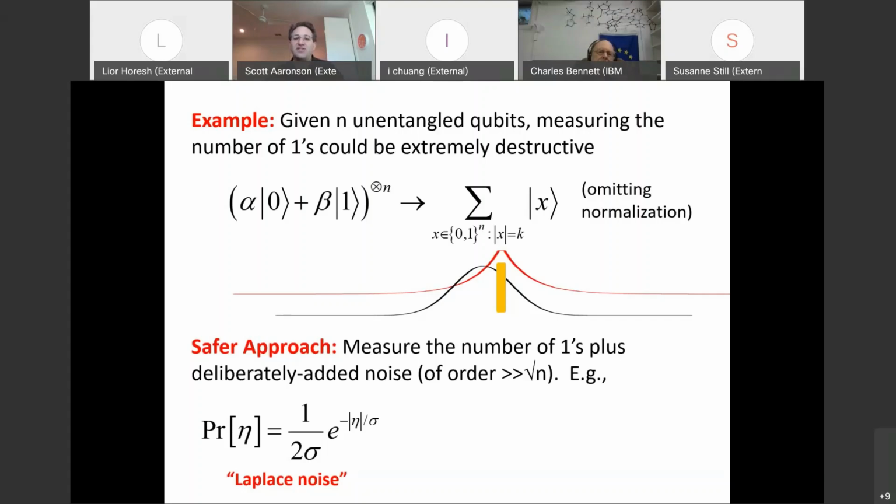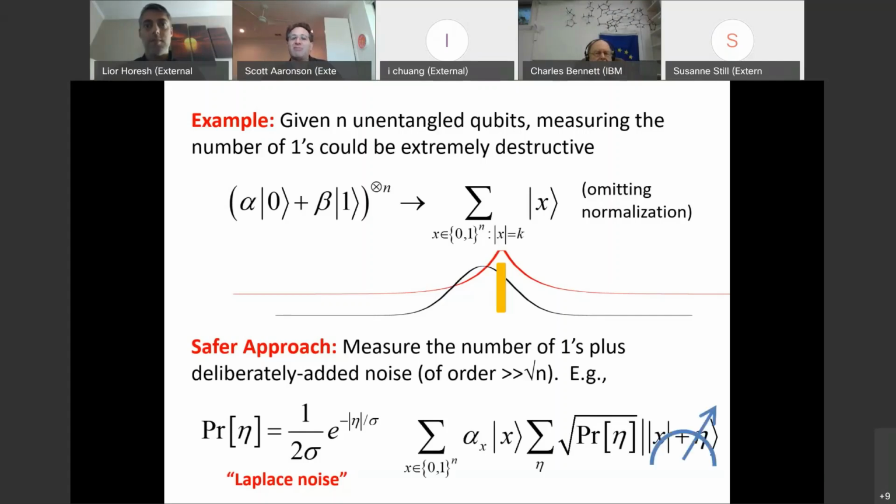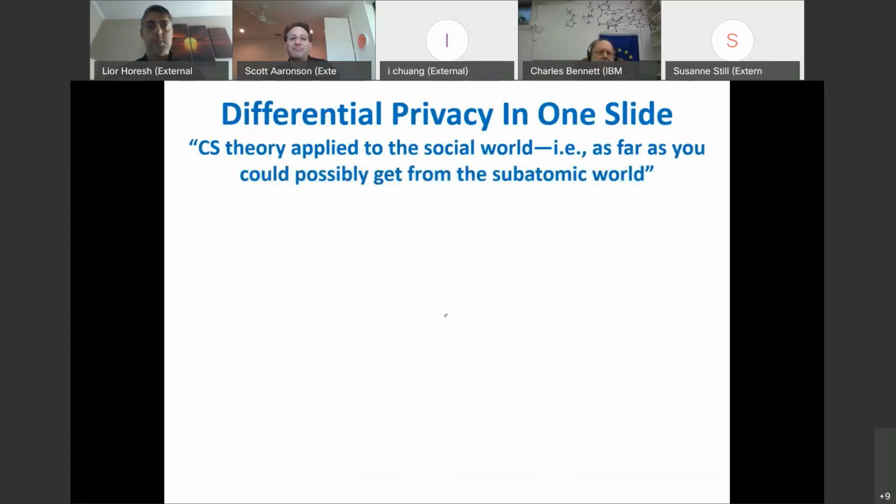The advantage of that is that if the noise is large compared to the standard deviation of my wave packet, then by making the measurement, I don't learn which component of the superposition I was in, or I don't learn much about that. For that reason, I don't damage the superposition by very much. So this is a beautiful technique.